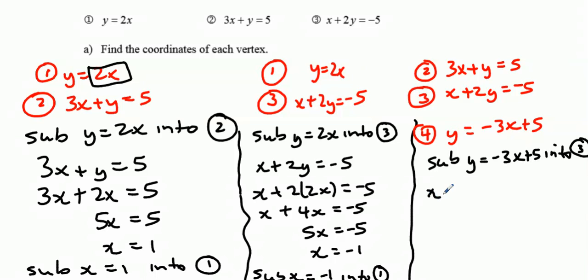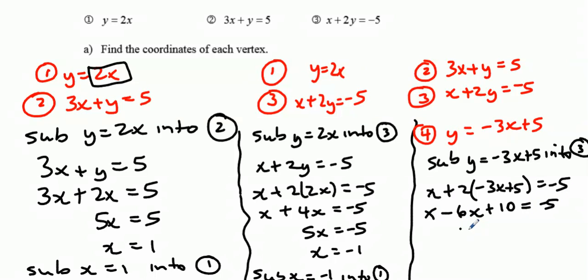So x plus 2 times y, which is represented by minus 3x plus 5, equals minus 5. So x minus 6x plus 10 equals negative 5. x minus 6x is minus 5x. And minus 5, the 10 becomes negative over here, so we end up with minus 5x equals minus 15, and x then, when I divide through, is minus 15 divided by negative 5, which is 3.